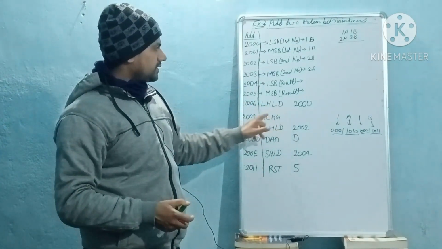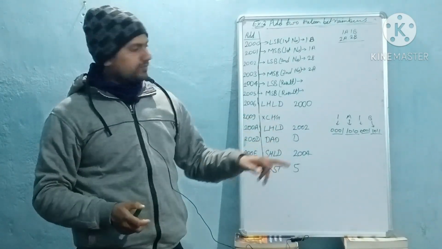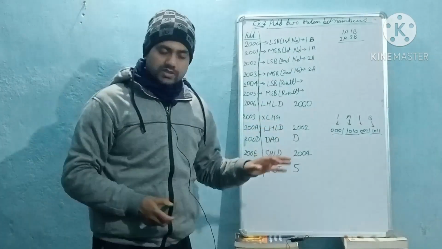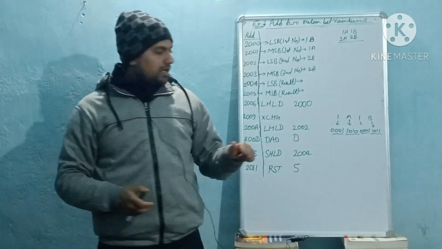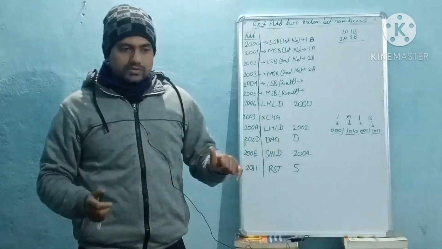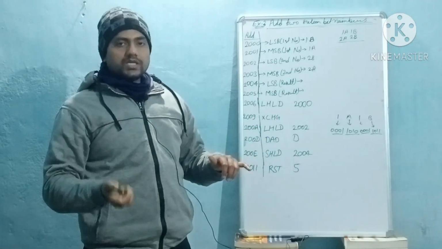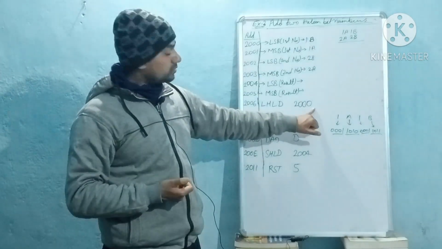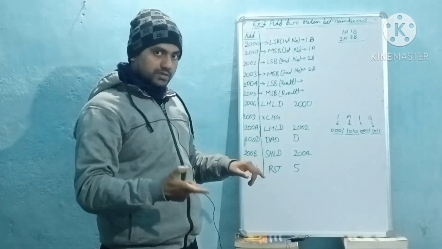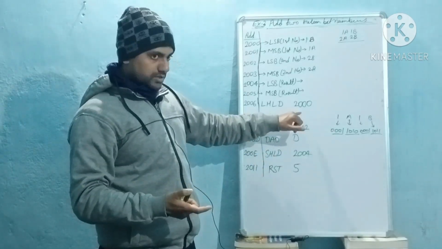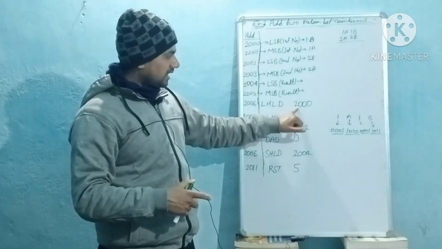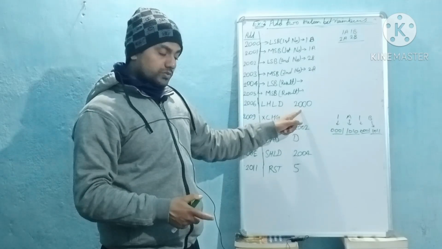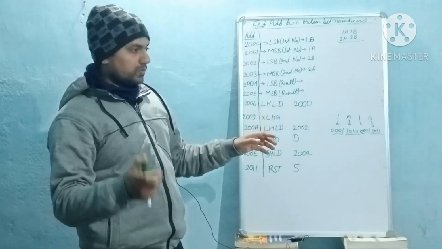The first instruction used for this is LHLD, written as LHLD 2000. So what does this instruction LHLD do? LHLD is the instruction to load the HL pair with the content of 2000 and the next address, the content of 2000 and 2001.